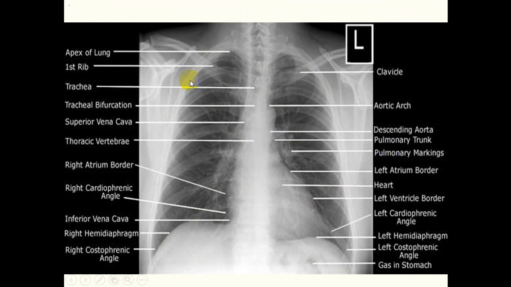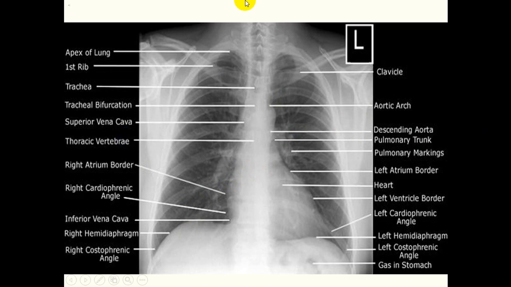This is a standard posterior radiograph of chest wall, and I have included this slide because this x-ray is important as it is frequently done, and also because it is important in one of the OSPE stations, it is frequently added.